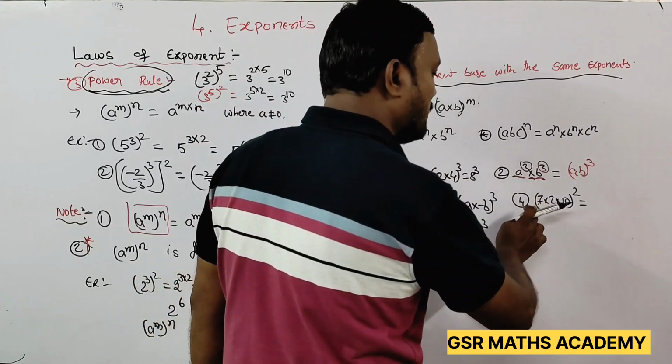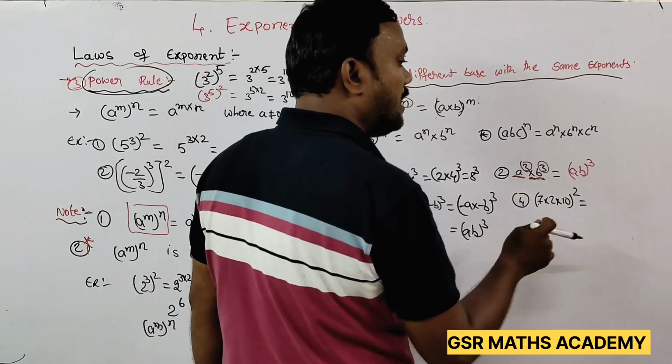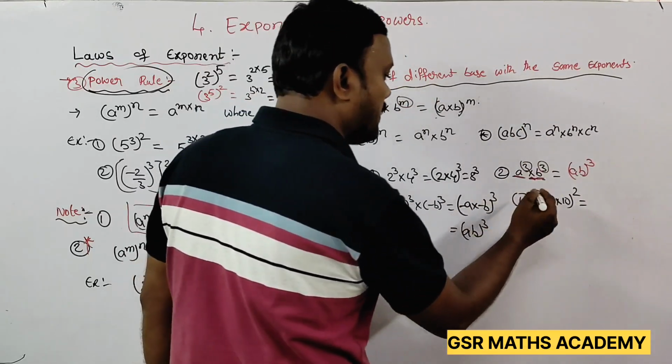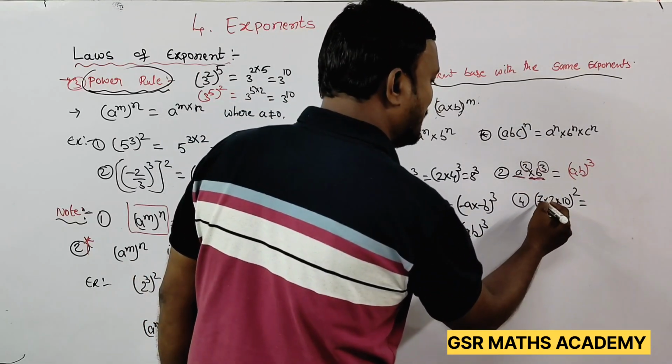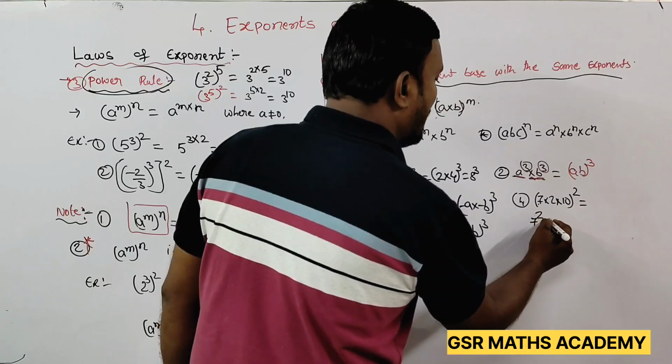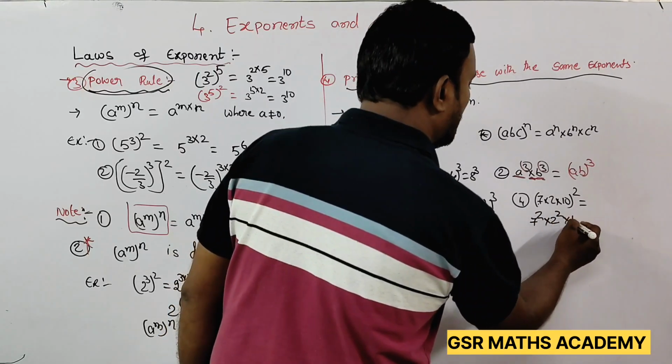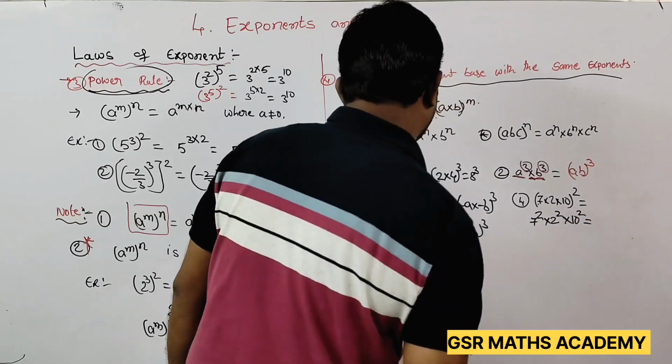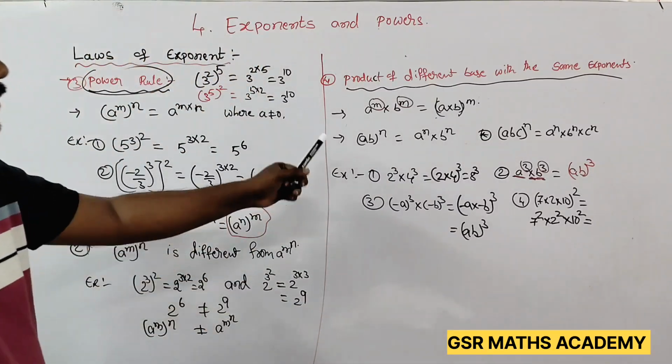But in this case, if three terms are being multiplied with a power, this power should be applied to individual terms, that is 7 square into 2 square into 10 to the power of 2. Okay, so this is about the fourth law.